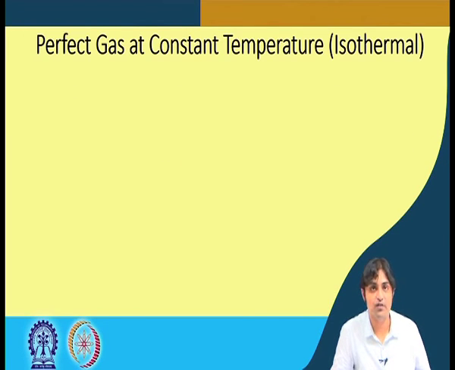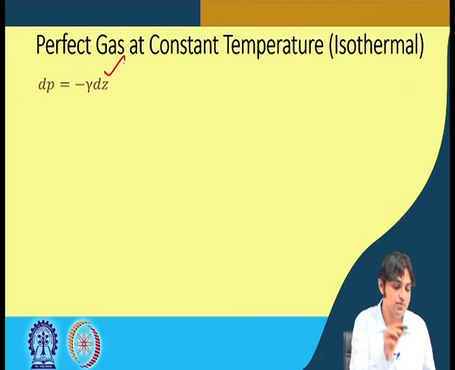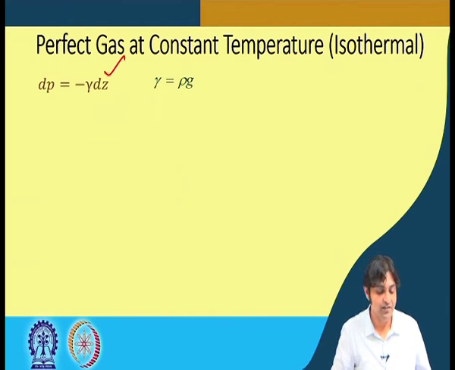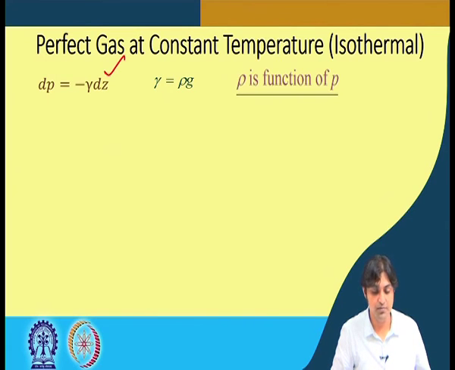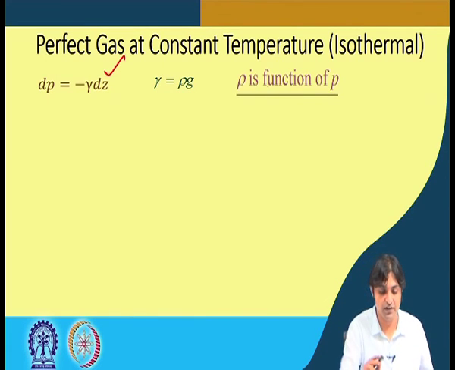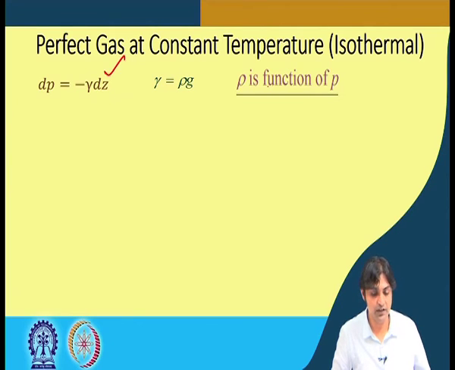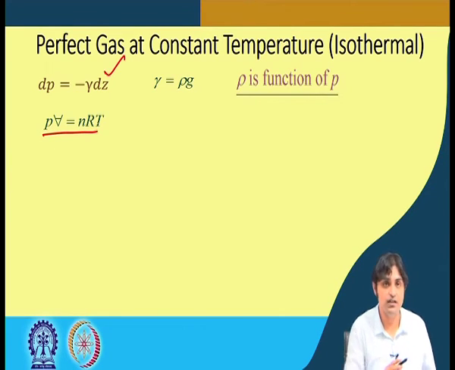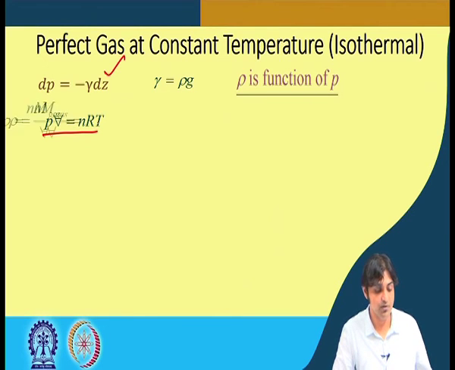Now we are going to do perfect gas at constant temperature, that is the isothermal process. We start with the same old equation, dP is equal to minus gamma dz, where gamma is rho into g, and rho is a function of P. In a gas, PV is equal to nRT, the rule for isothermal.